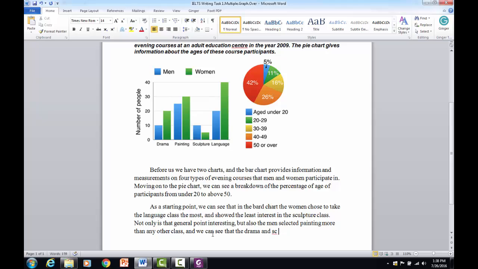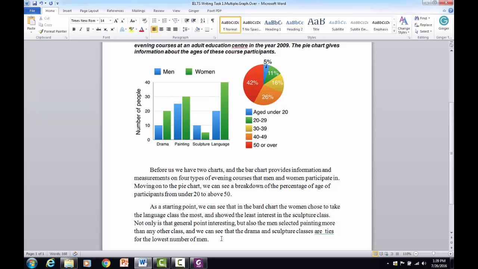The drama and the sculpture. All right, and there we have our, sorry about that, our tie for the lowest number of men.